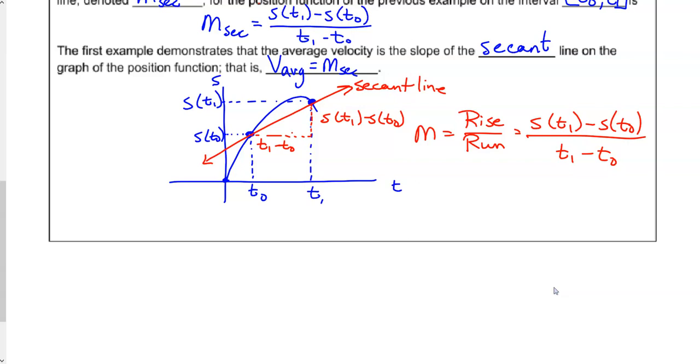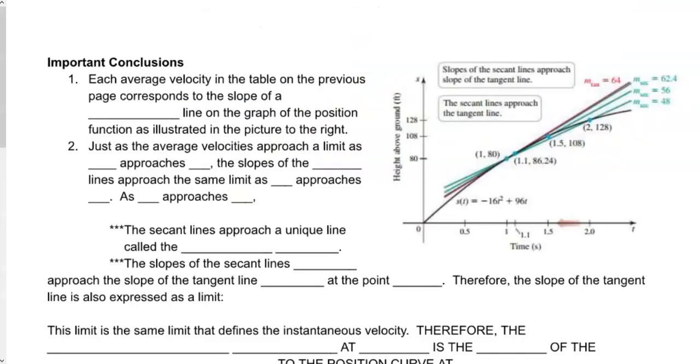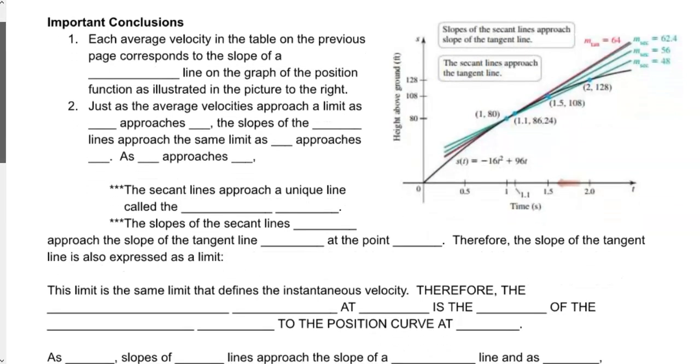Okay? So, concluding, likewise when I did instantaneous velocity with average velocity, we're going to make these conclusions about our secant line and our tangent line. Each average velocity in the table on the previous page corresponds to a slope of a secant line.